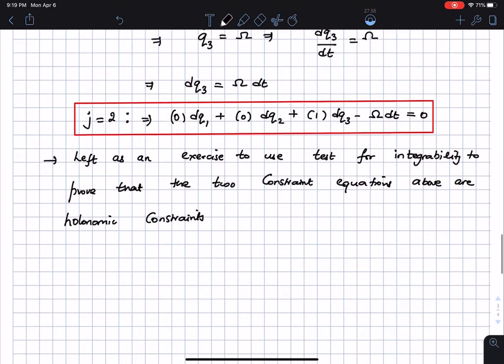Hence, all the constraints are holonomic, which implies that the system is a holonomic system.